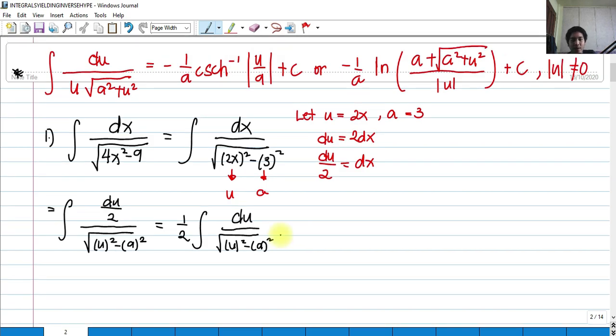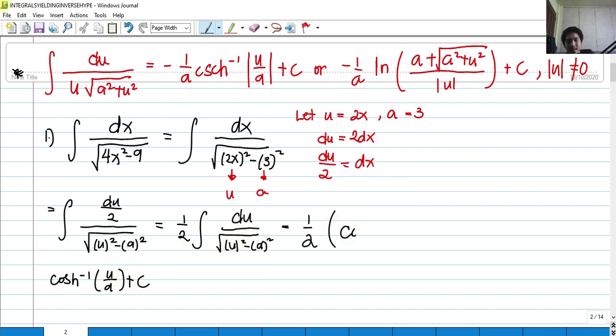So we simply integrate this. We still have the 1/2 multiplied by the integral. If I rewrite it, this integral will yield the inverse hyperbolic cosine of u over a plus c. That is the equivalent integral of this.